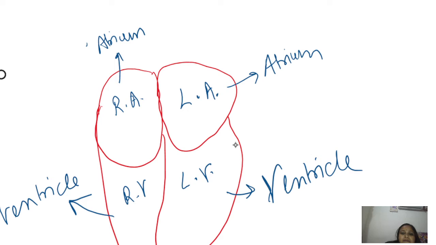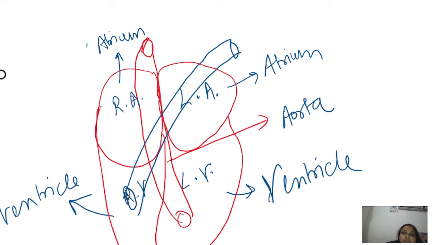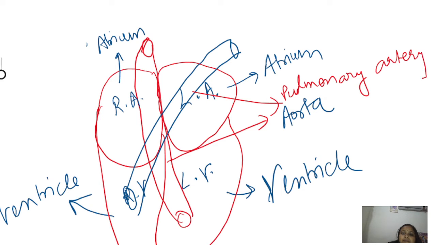Now, one more part of this. Here one structure is going, that is the aorta. This is called the aorta, and one more structure is going from here. This is called the pulmonary artery. A valve-like structure is present here.